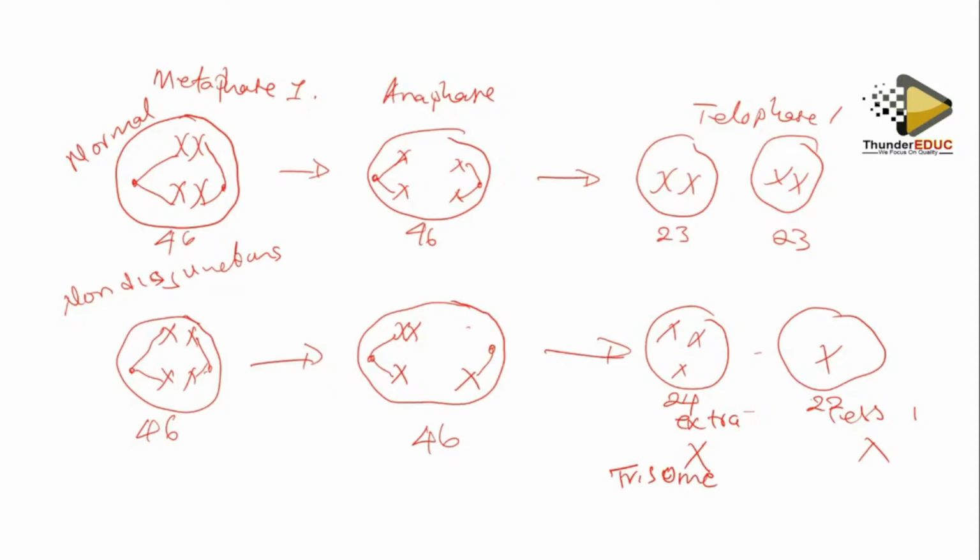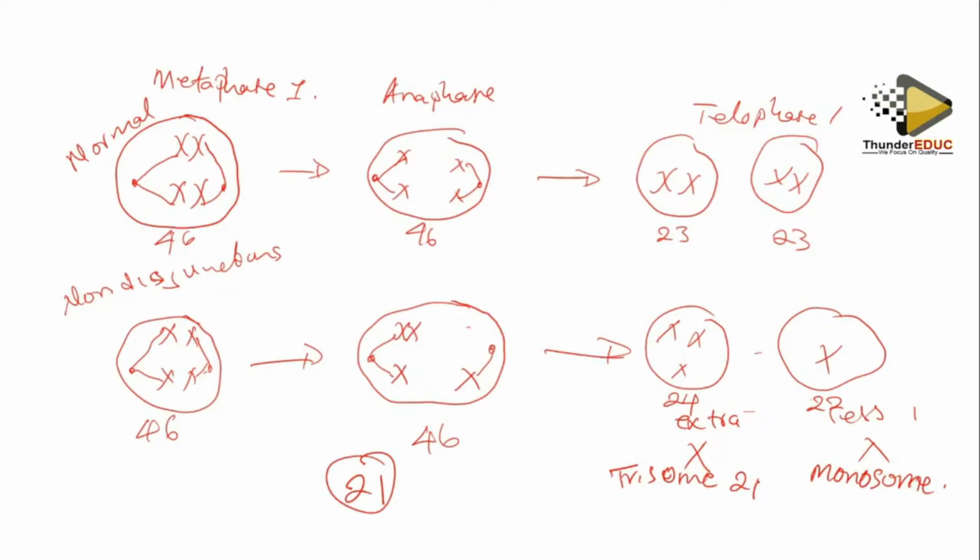Then here, this one is going to be mono, so you're going to call it monosomy. If this non-disjunction occurs on chromosome number 21, then we're going to call it trisomy 21.